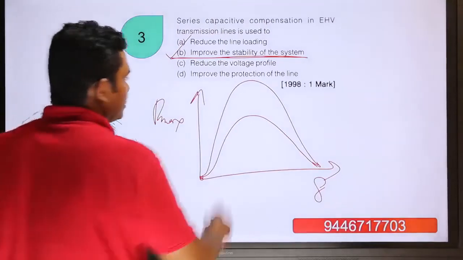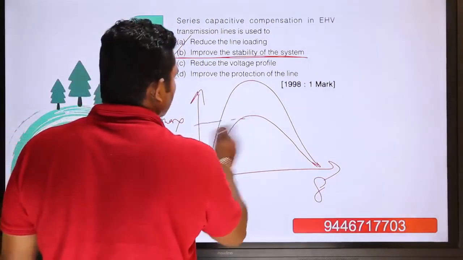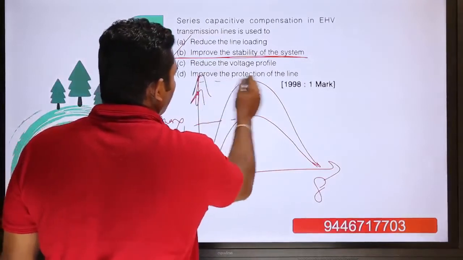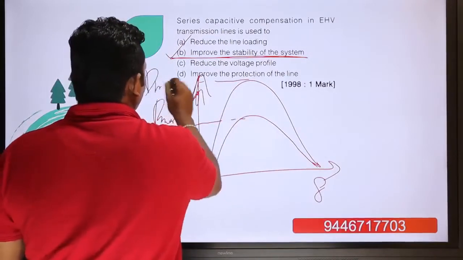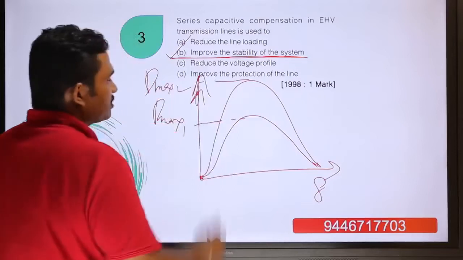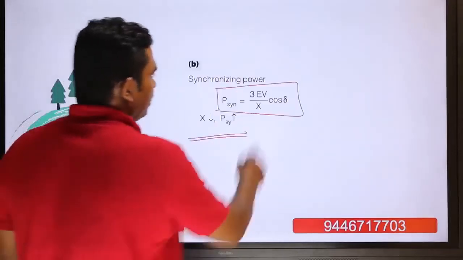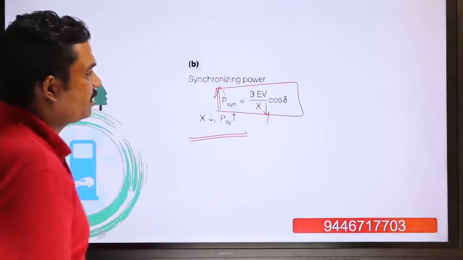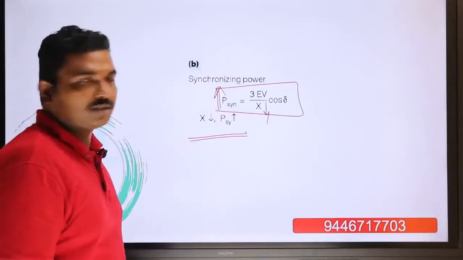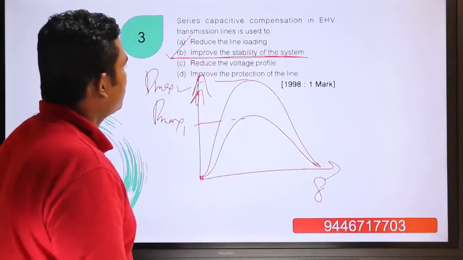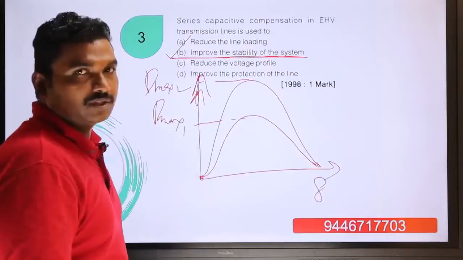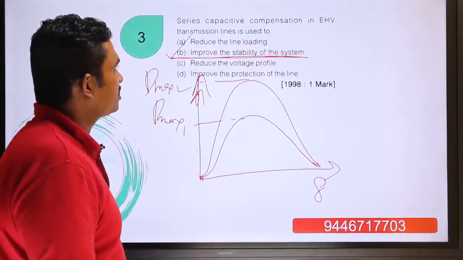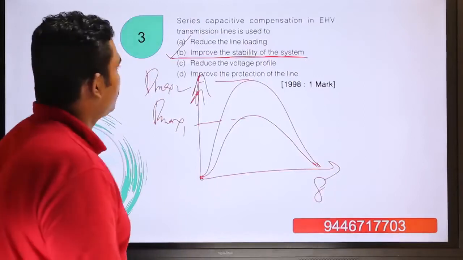Initially without compensation, if this is Pmax 1, then with the compensation you will be able to increase the power delivery of the line to Pmax 2 because X is in the denominator. When X decreases, the maximum power that can be transmitted through the system increases. So our option is it improves the stability of the system. You have to always remember the series capacitive compensation mainly improves the stability of the system.